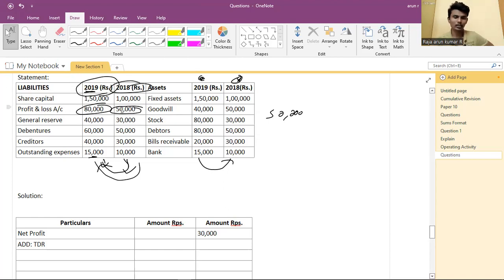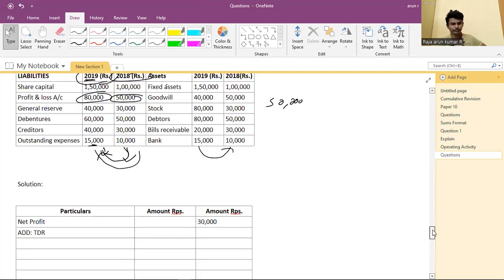If they give opening 80,000 and closing 50,000, it is not profit, it is a loss, so you take it as minus net profit. Now opening profit is 50,000 and closing is 18,000, so the difference is 30,000, the profit we get in the year. Only the difference between the years we calculate, and then we can solve the opening and closing activities.